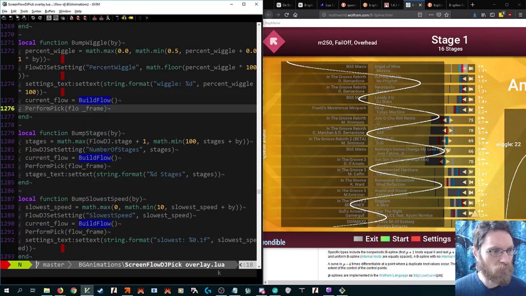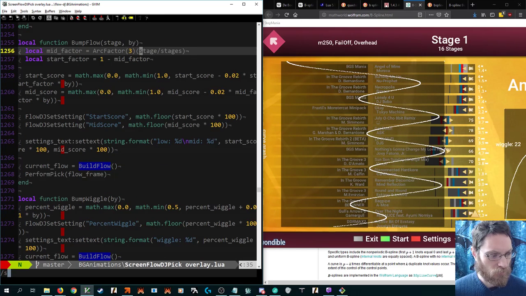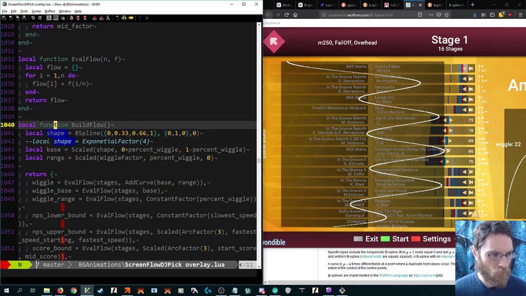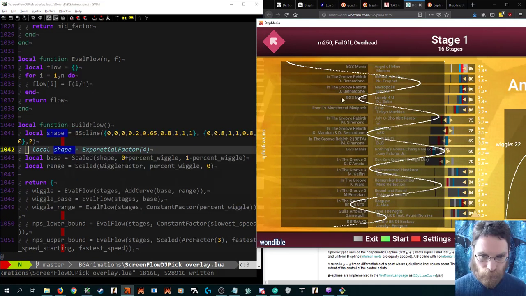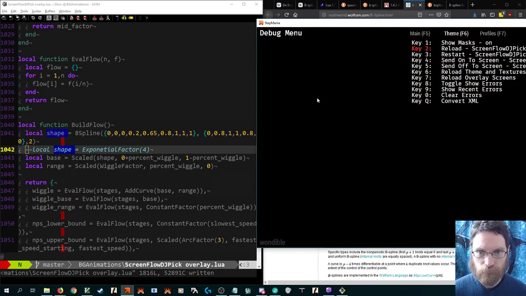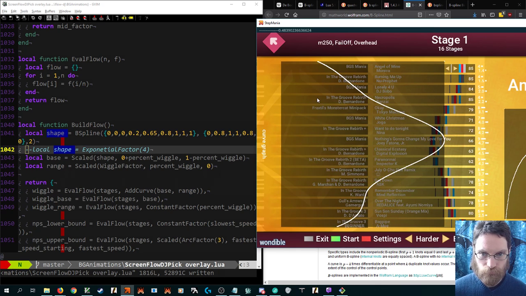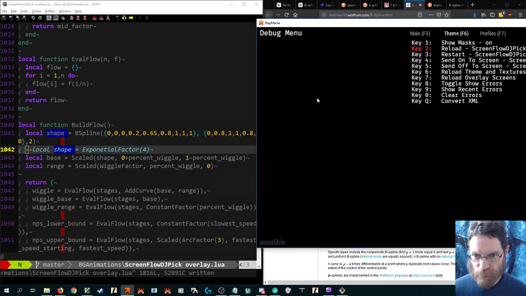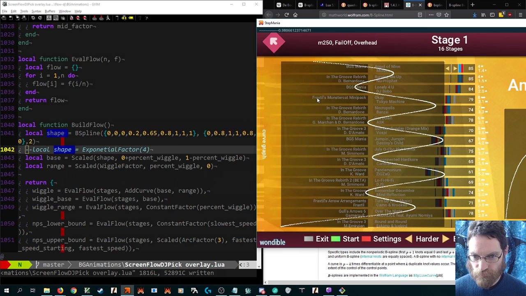Oh, wait, have I even updated shape equals? No, I have not. And we got a very gradual wiggle this time. Maybe not the best example for fudging with that.